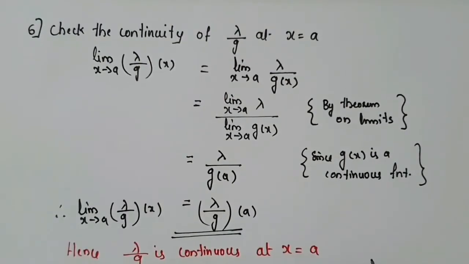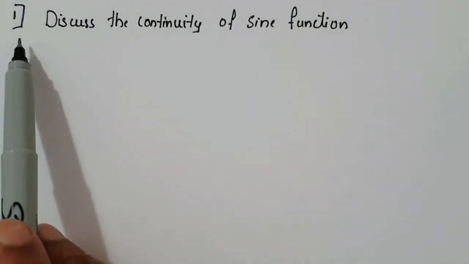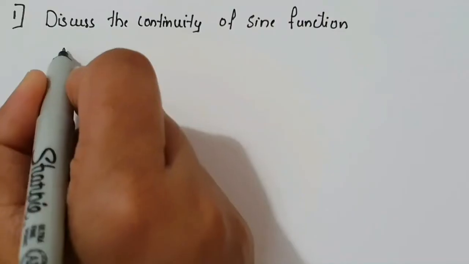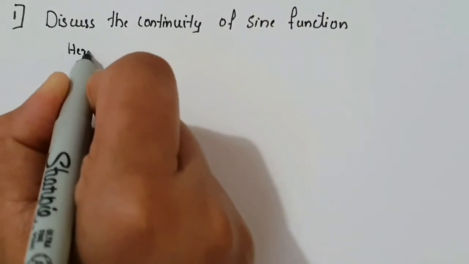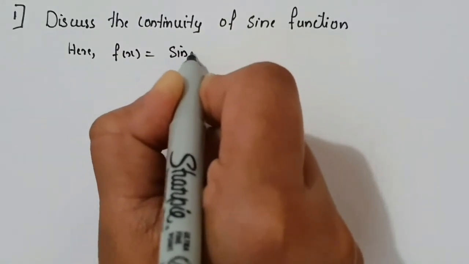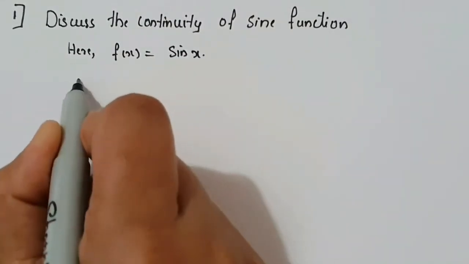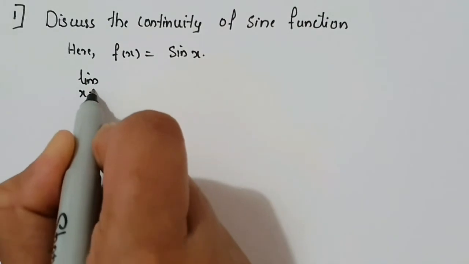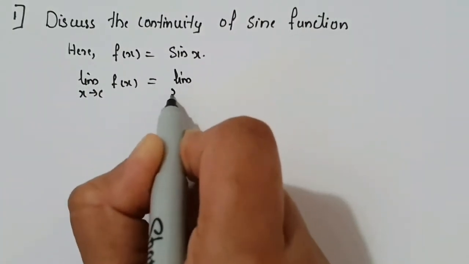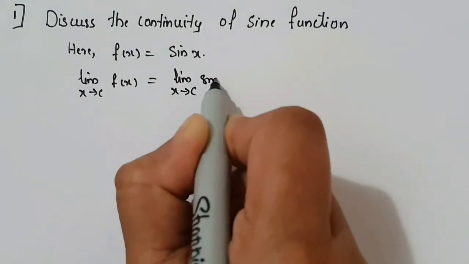Now, we can do some examples relating this theorem. Example 1. Discuss the continuity of sine function. Here, the function f of x is equal to sine x. So, limit x tends to c, f of x is equal to limit x tends to c sine x.